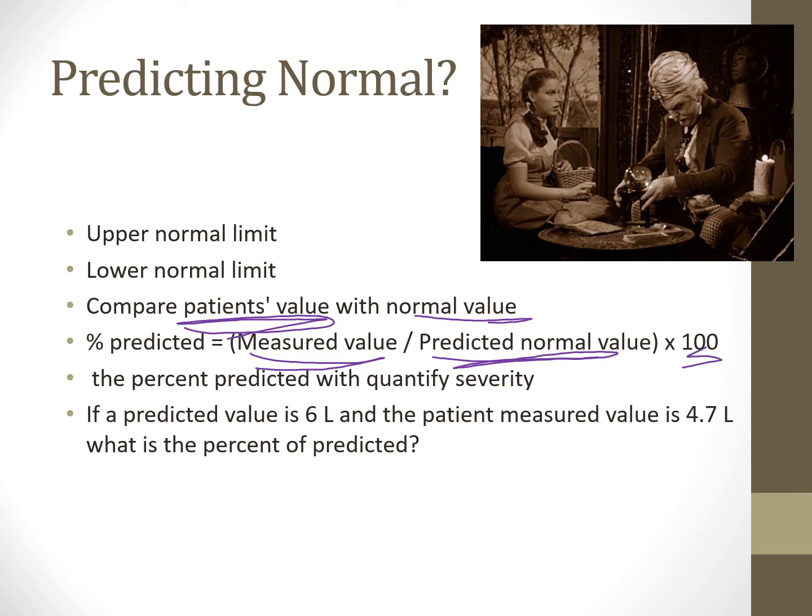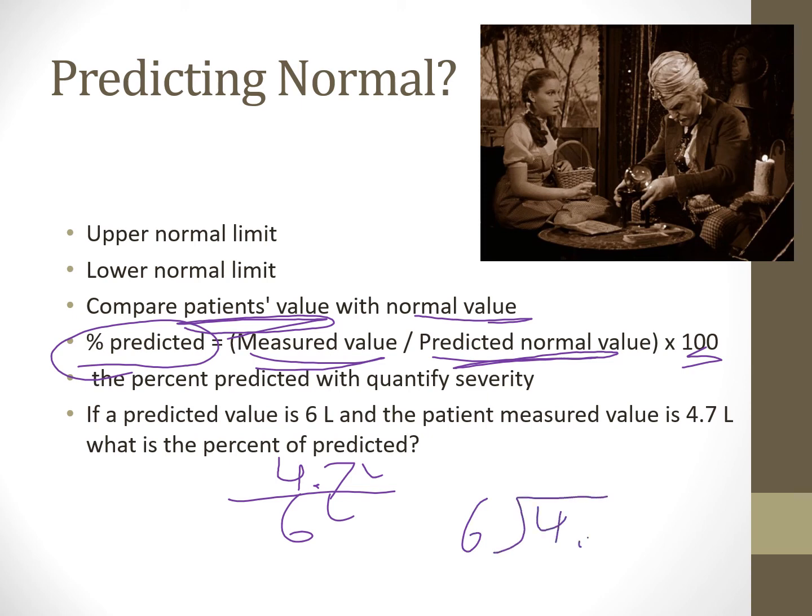So let's do an example. If a patient has a predicted value of 6 liters and the patient's measured value is 4.7 liters, what is their percent of predicted? How much of that 6 liters did they get? Well, 6 goes into 4.7, however you do the math, right?